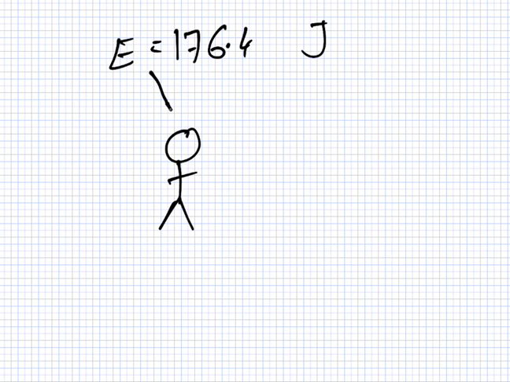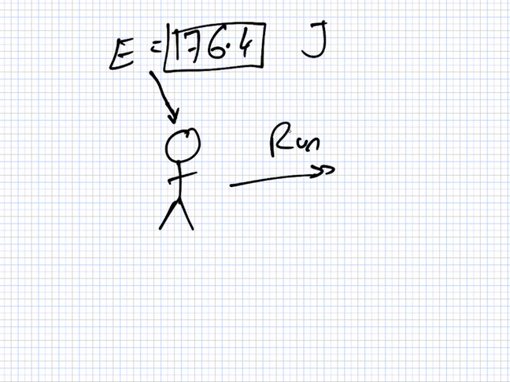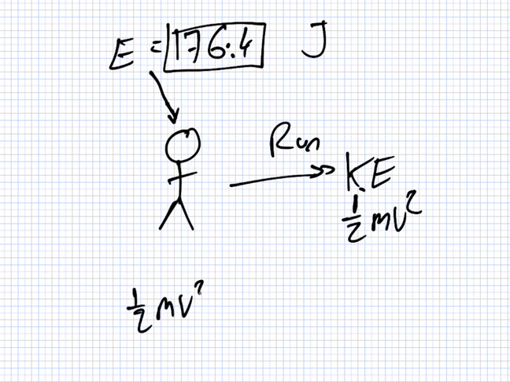He eats the 7 polos, so he gets 176.4 joules of energy. And he uses this energy to run. So, what he is doing is changing this energy into kinetic energy. What's the formula for kinetic energy? A half mv squared. So we have a half mv squared equals 176.4.